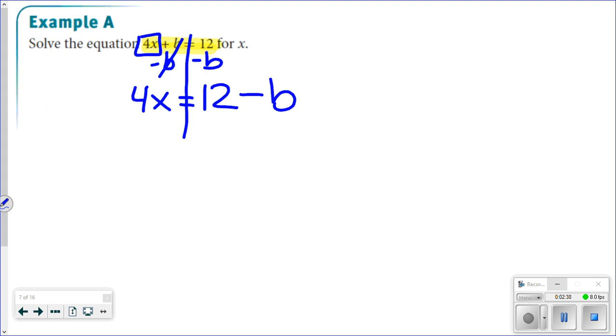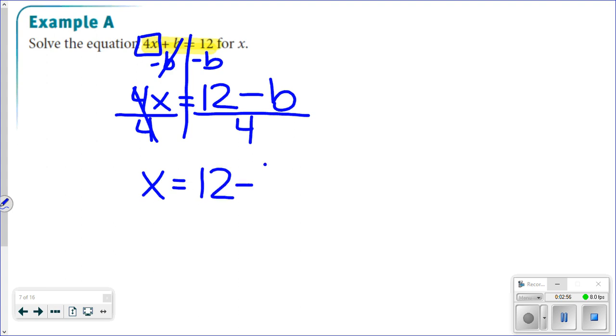X is being multiplied by 4, so the opposite is to divide. Whatever I do on the left side, we have to do on the right side. So we're also going to divide this by 4. And we're left with x equals 12 minus b, all being divided by 4.